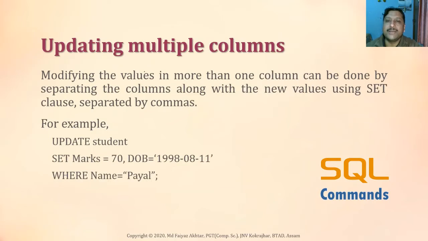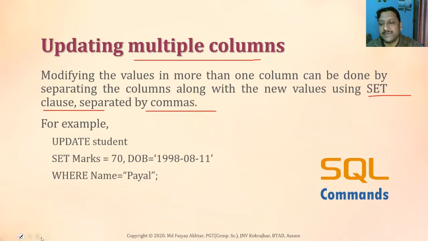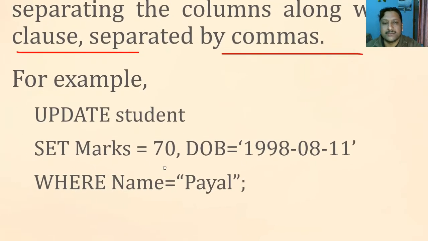Next, updating multiple columns. It is simple: just separated by commas, give the data for all the columns we want to modify along with the column names. Modifying the values in more than one column can be done by separating the columns along with the new values using the set clause, separated by commas. See the example here.